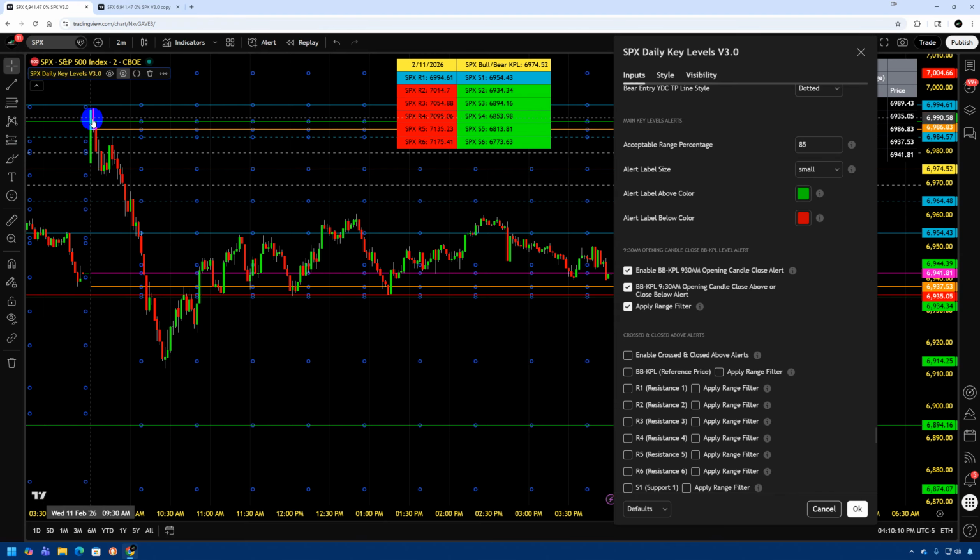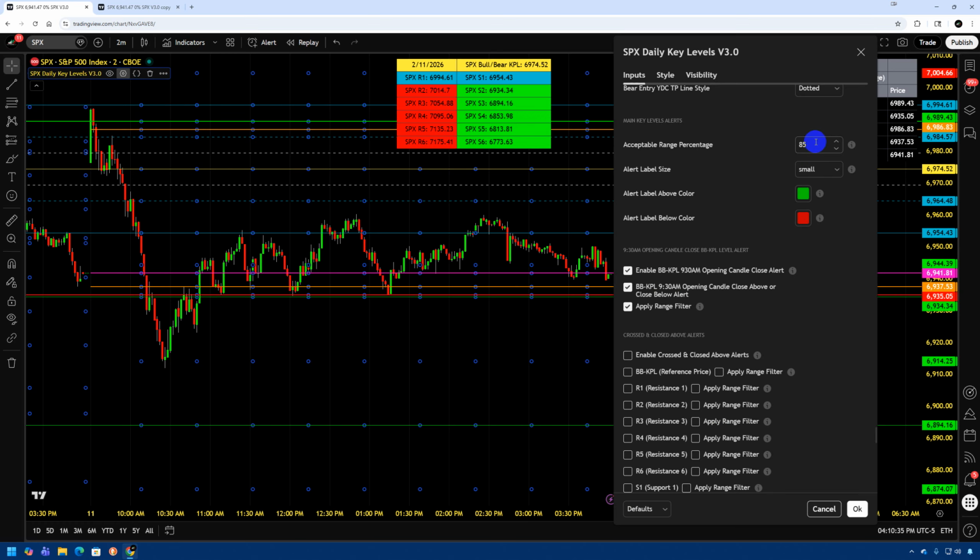Now you can reassess after that with succeeding candles to see if there's a trade opportunity on another level, but this will keep you out of candles that are far too risky to take an opening candle trade off of the BBKPL, whether it's a bullish trade on a close above or a bearish trade on the close below.